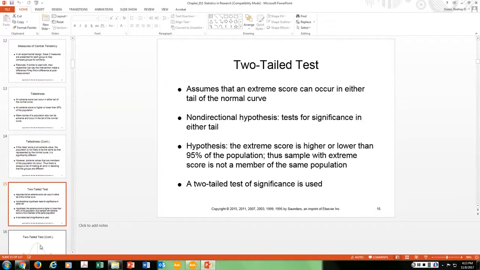The researcher says that there's a difference, but they don't say whether it's greater or lesser. The hypothesis: the extreme score is higher or lower than 95% of the population. Thus, the sample with extreme score is not a member of the same population. A two-tailed test of significance is used.